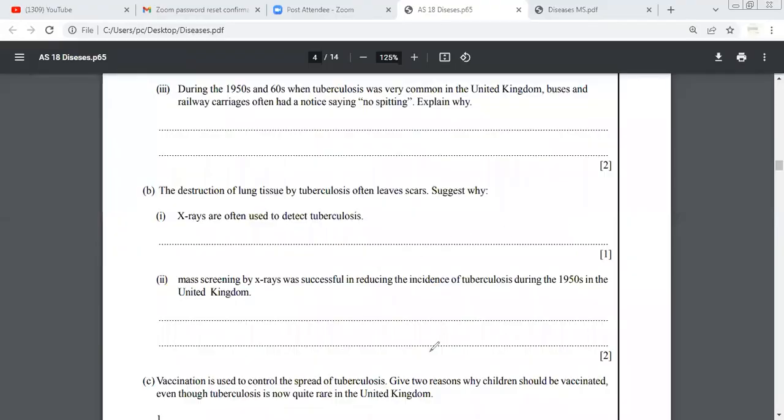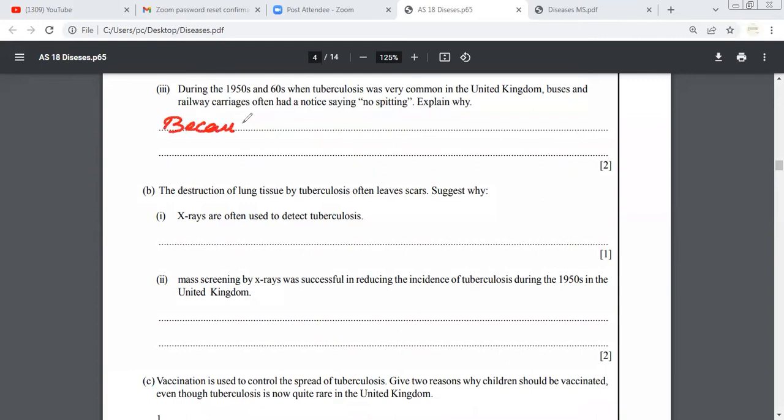Okay, another question is during 1950 and 60. During 1950s and 60s, when tuberculosis was very common in United Kingdom, buses and railway carriages often had a notice saying no spitting. Explain why.